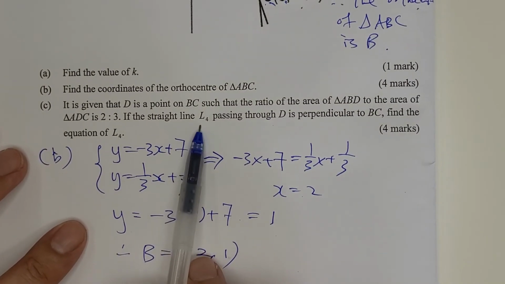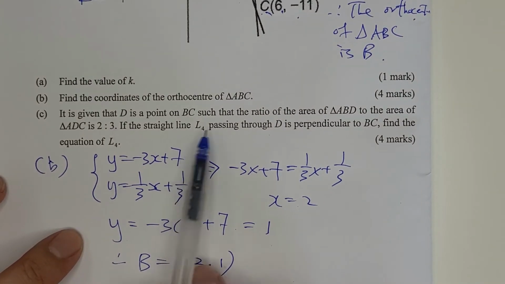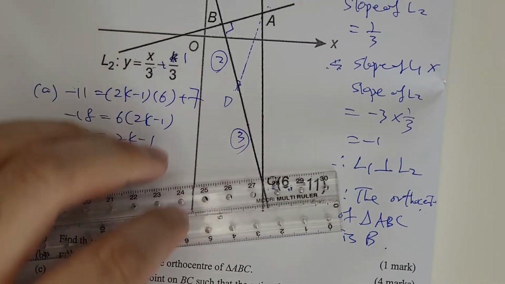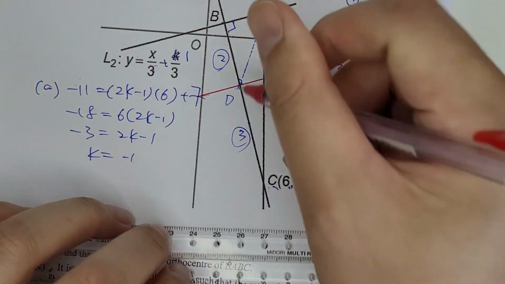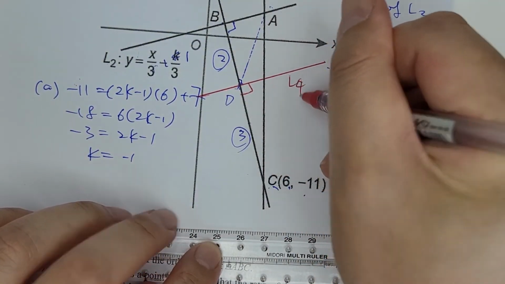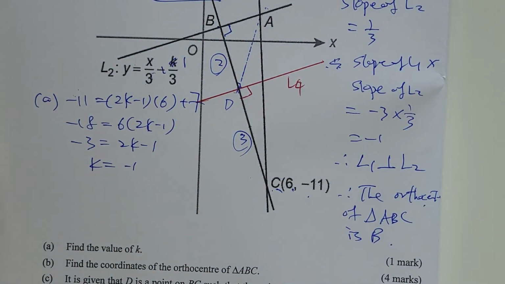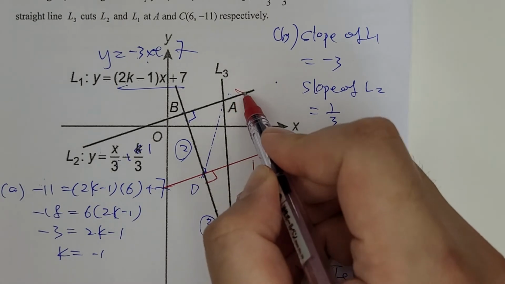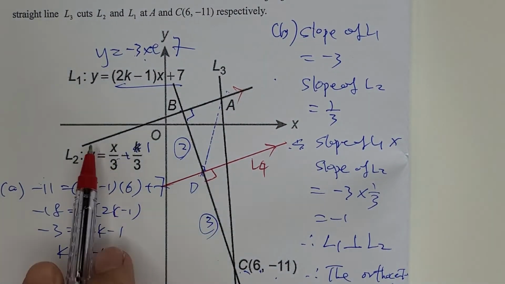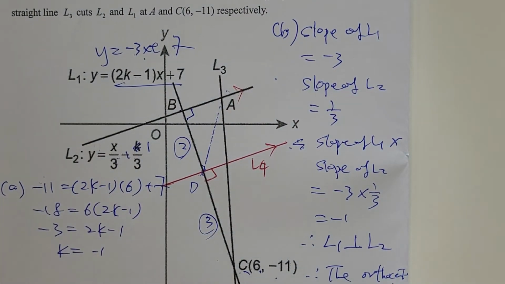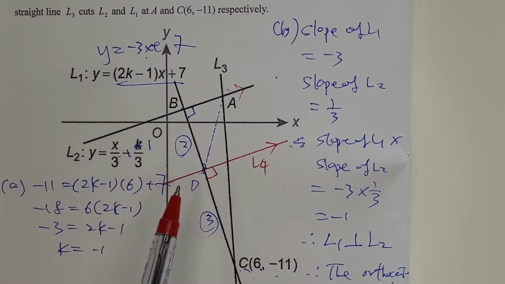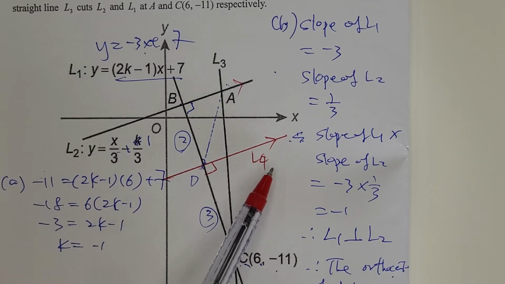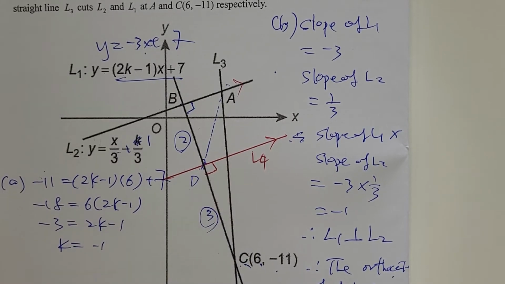And next, L4 is a line passing through D and perpendicular to BC. So you need to find the equation of this straight line, that is L4. And don't worry, you know this slope already, because L2 is perpendicular to L1, and L4 is also perpendicular to L1. That means L2 and L4 are parallel to each other.